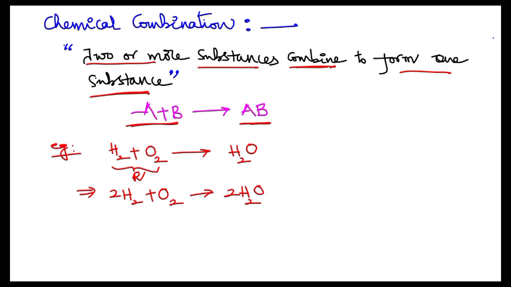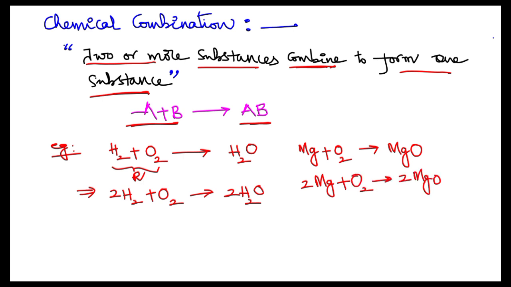And one more example is Mg plus O2 gives MgO. If you balance it, it will be 2Mg plus O2 gives 2MgO. Here also the reactants are 2 and the product is only 1.